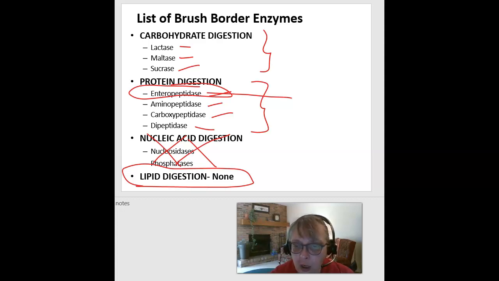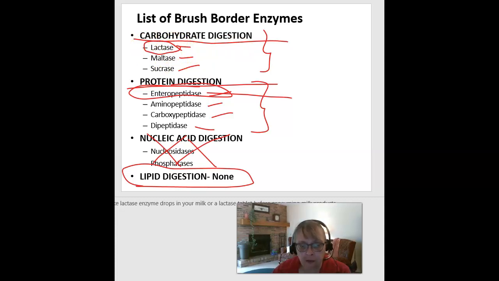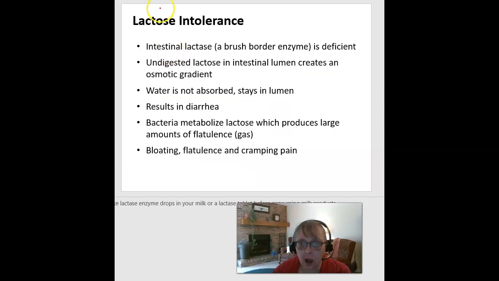Because there's lactase listed here, I thought we should spend a couple of minutes talking about a somewhat common disorder called lactose intolerance. People that are lactose intolerant lack that brush border enzyme called lactase.